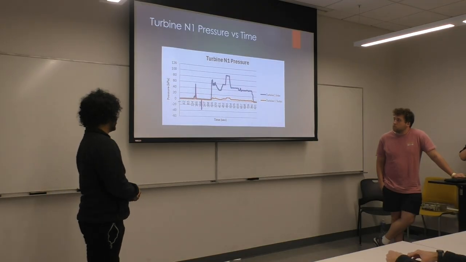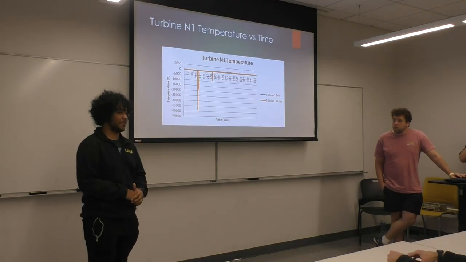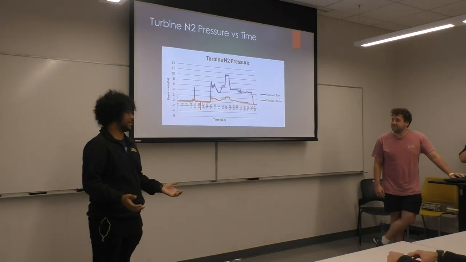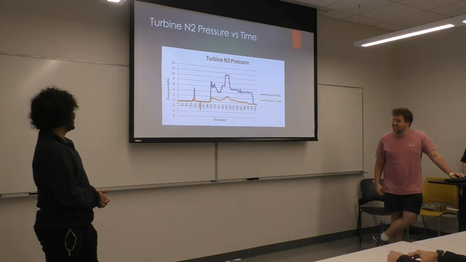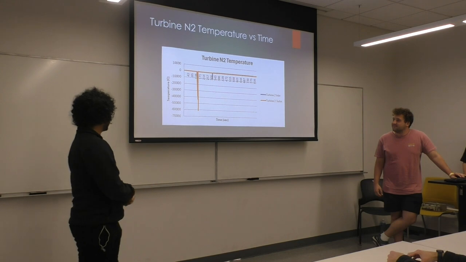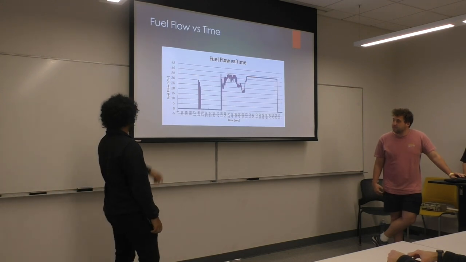See that again. That's the huge, I doubt it measured negative 37,000 Celsius, so it's just a sensor issue. Again, negative 60,000, that's even colder. So see, that's the jump in the fuel flow that I was talking about.